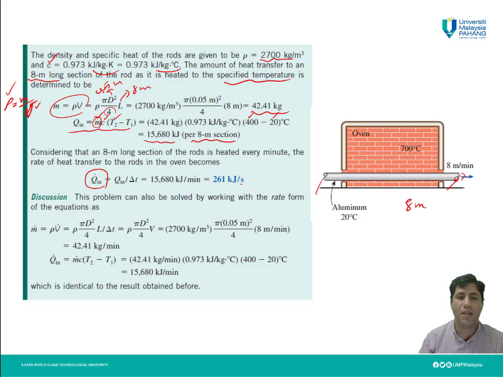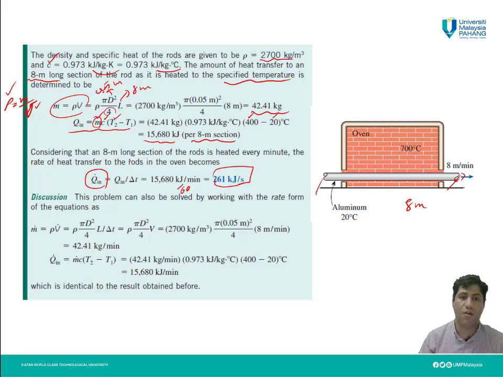Then it will be 261 kilojoules per second. 261 kilojoules per second is the rate of heat transfer to the rod. This is the final answer, and the question was also about this, the rate of heat transfer to the rod.